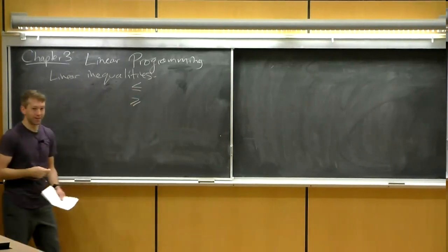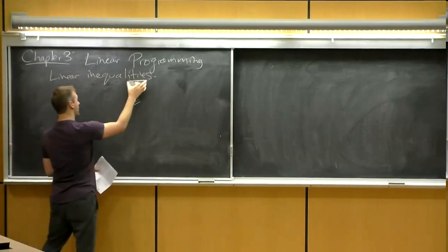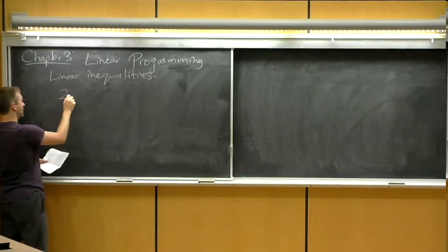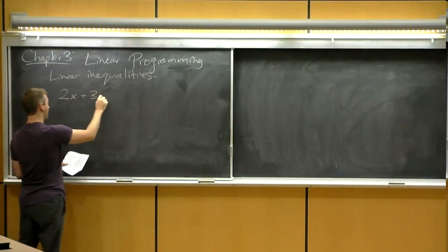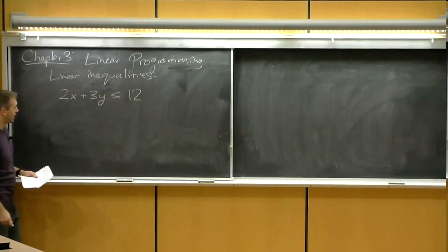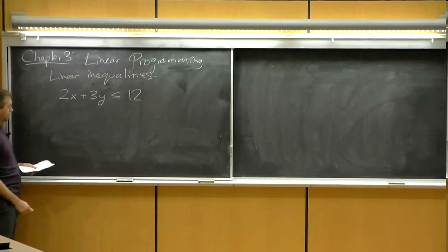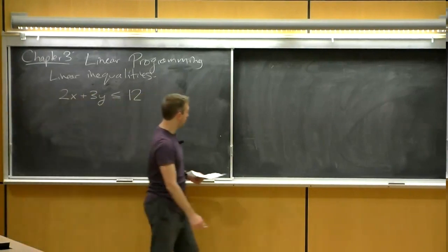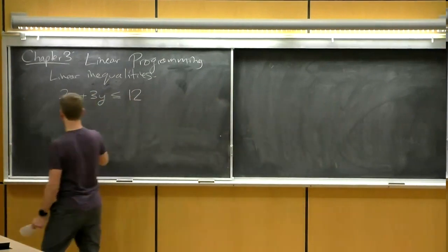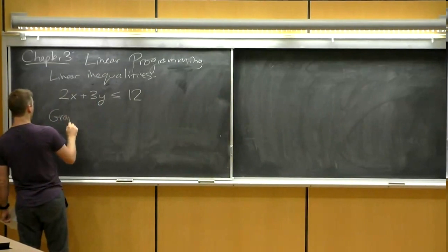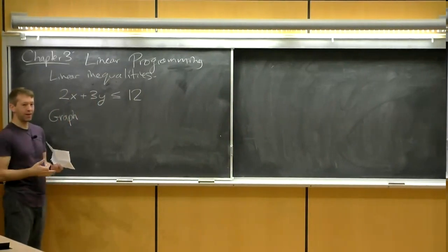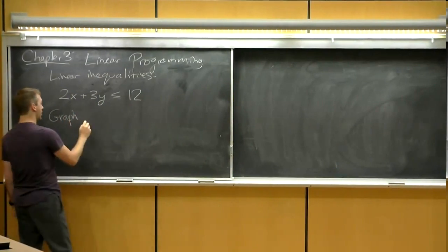It's not an equal sign, it's an inequality, right? So for example, if I write down 2x plus 3y is at most 12, okay, one way to analyze this is to graph the solutions to this inequality.